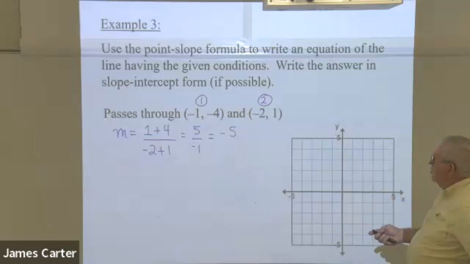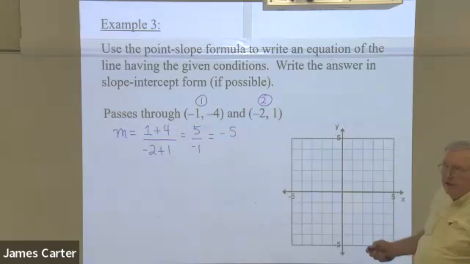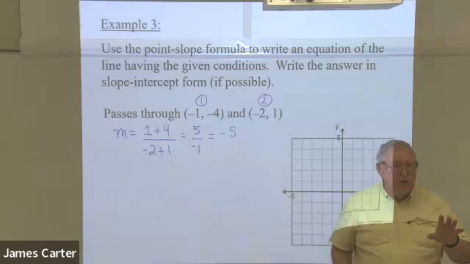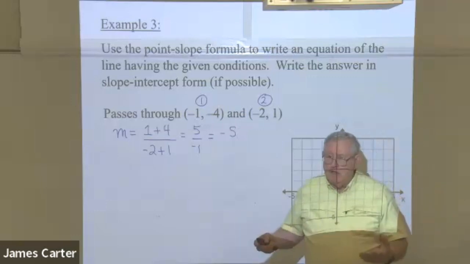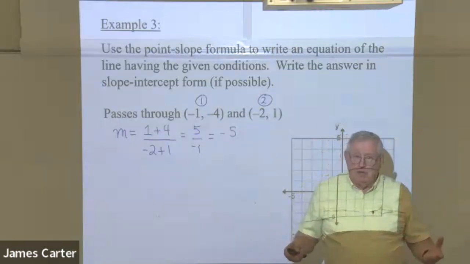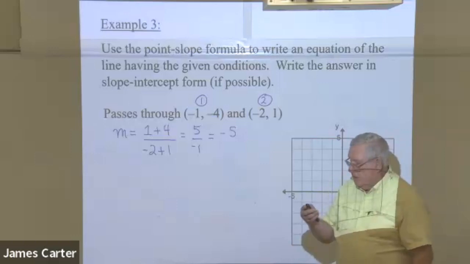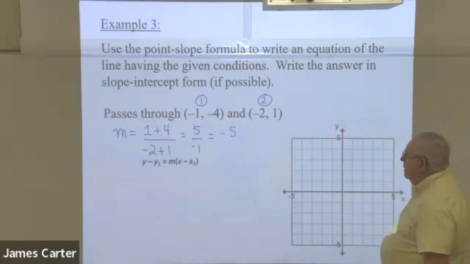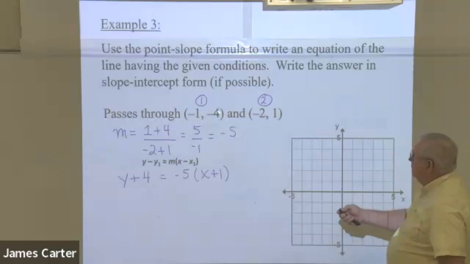Now, once we've got the slope, then we can take either one of these 2 points. It really doesn't matter which one you choose. Choose the one that looks like it has the easiest numbers for you. In this case, they chose that point.